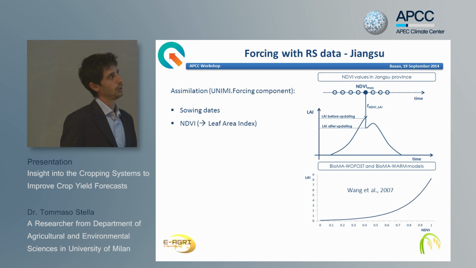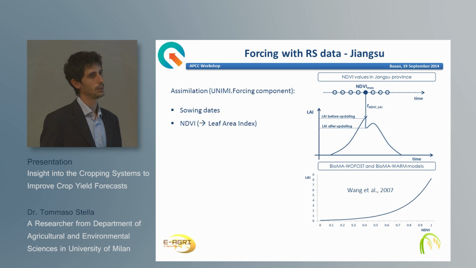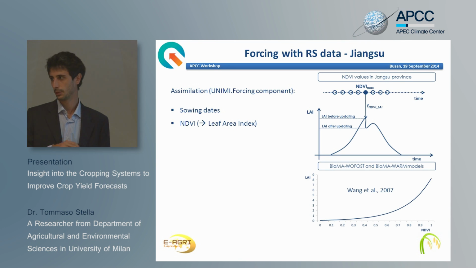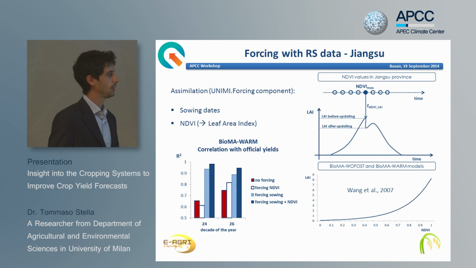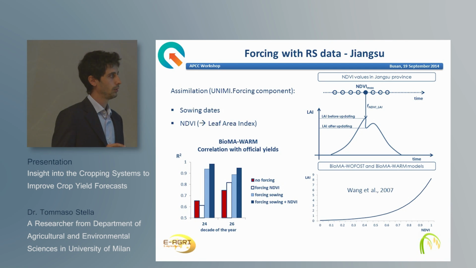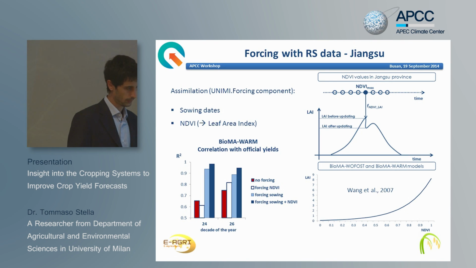So once we reach the NDVI maximum for a certain grid cell, it will force the value of and update the value of leaf area index with a function which was specifically parameterized for these conditions. And in this case, assimilating sowing dates and this leaf area index produces an improvement in yield prediction capabilities.